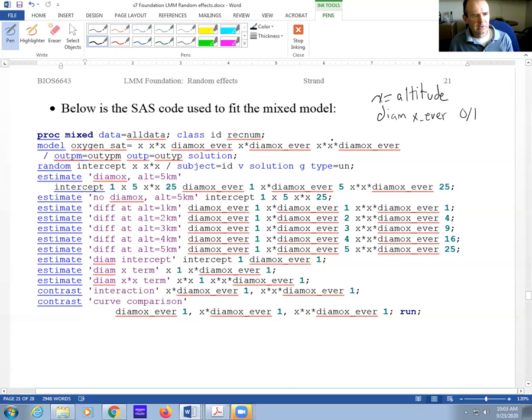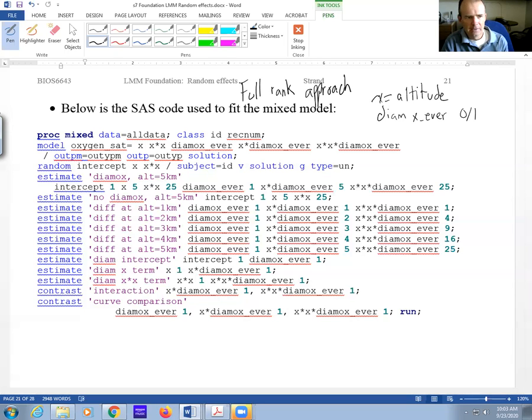One thing that you notice though is that despite the fact it's really a class variable, I did not put it in the class statement. So this is basically a full rank approach. If you just have a binary variable and you code it 0, 1, I often do that.